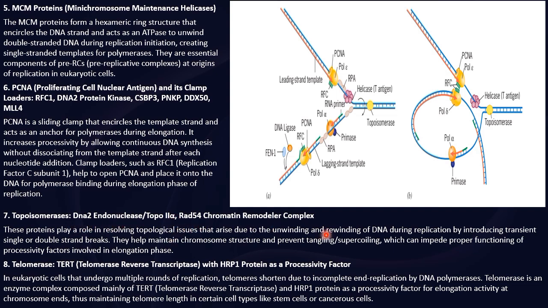What they do is they release the tension caused by the positive supercoiling during the elongation phase of the DNA replication process by creating a single-stranded or double-stranded break, which creates a negative supercoiling, thus releasing the tension caused by the positive supercoiling.